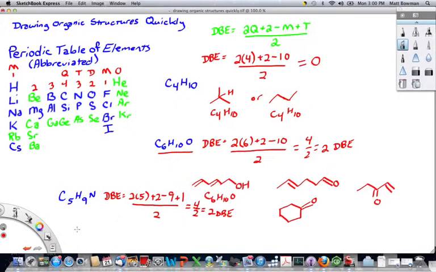And so we can draw in 5 carbons, and then we can add a nitrogen in, like so. Now we need to add in 2 double bond equivalents. Well, a carbon-carbon triple bond, or carbon-nitrogen triple bond, will count as 2 double bond equivalents, so we can add it in like so.